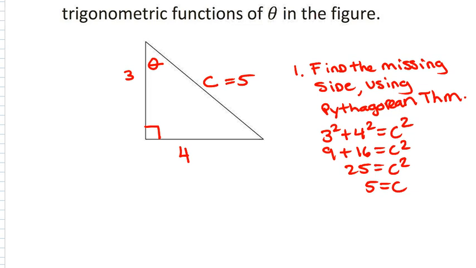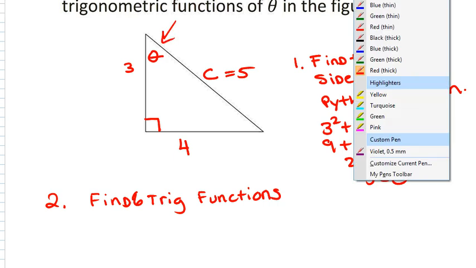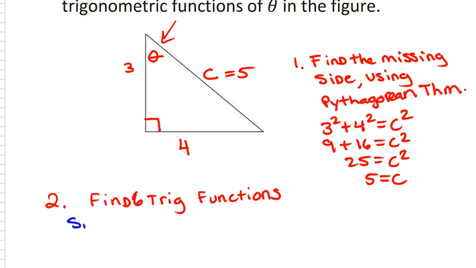So now the question says to find the trig functions. So we're going to find the 6 trig functions based upon using theta here as our angle. So sine of theta, well, it's opposite over hypotenuse.